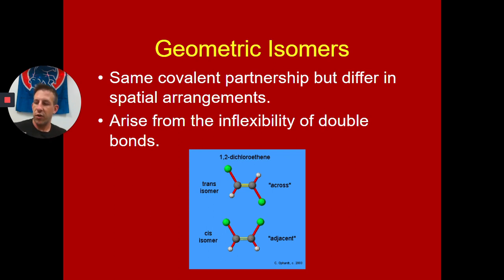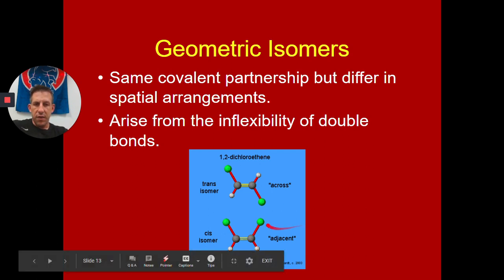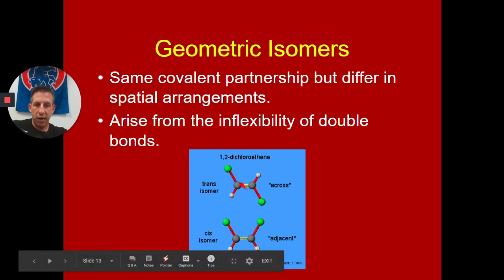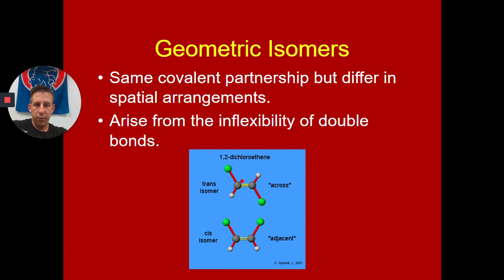If you've ever heard of a transcontinental flight, that means you are taking a flight across the continent. So we could call this one trans 1,2-dichloroethene. That's how you would say it in college when you get to learn this. That indicates that the chlorine atoms are located across the double bond from one another, or far apart from one another.